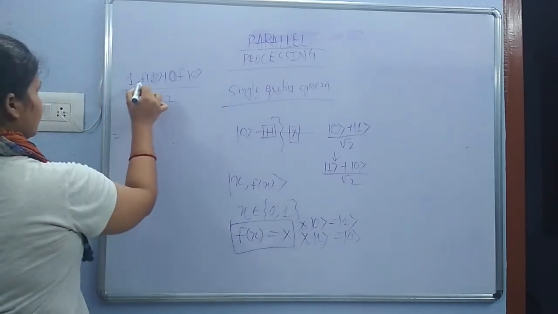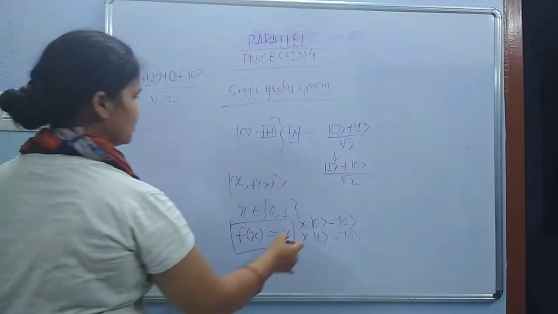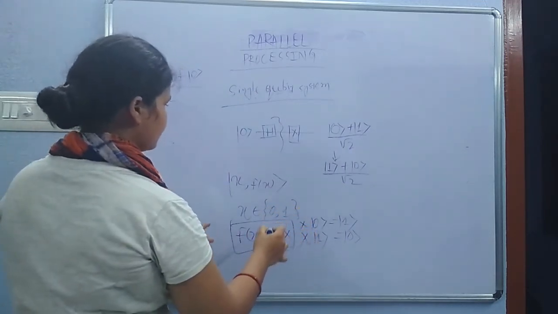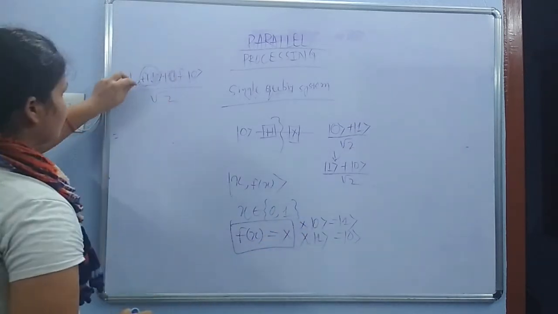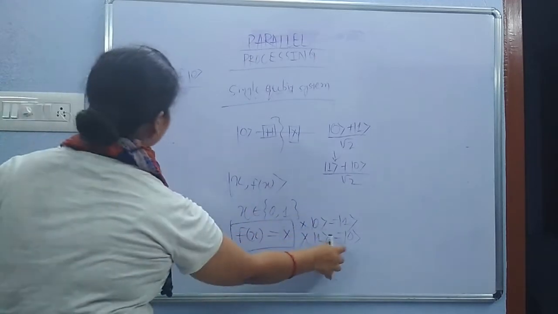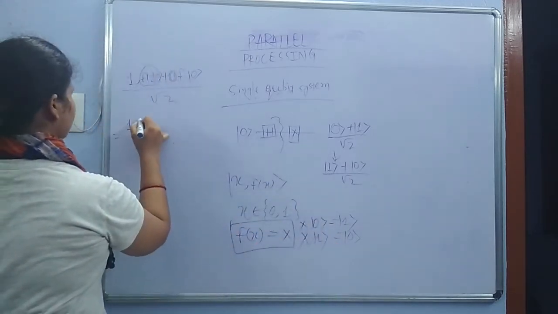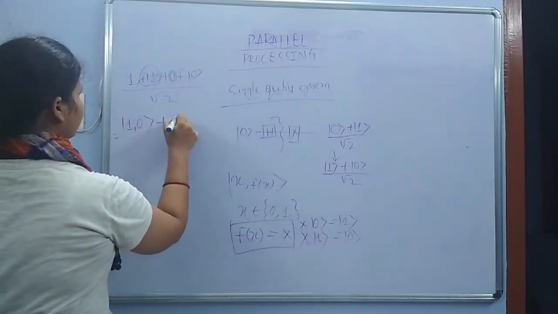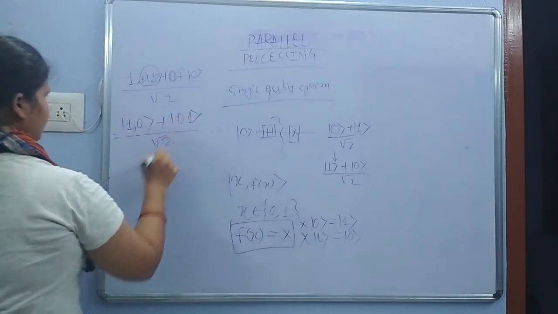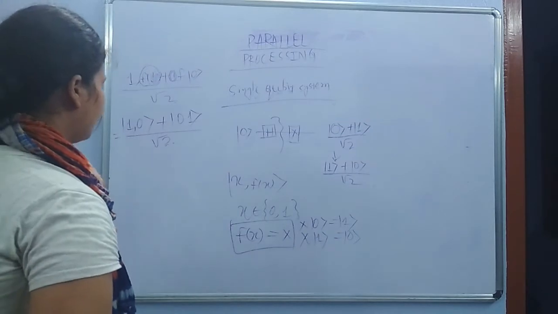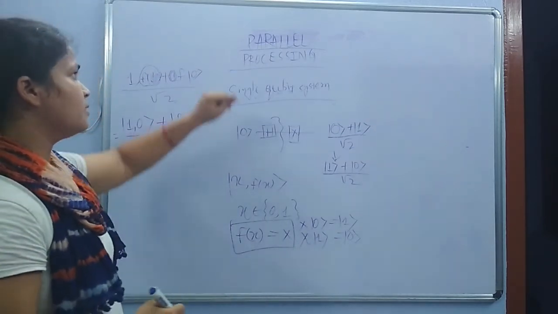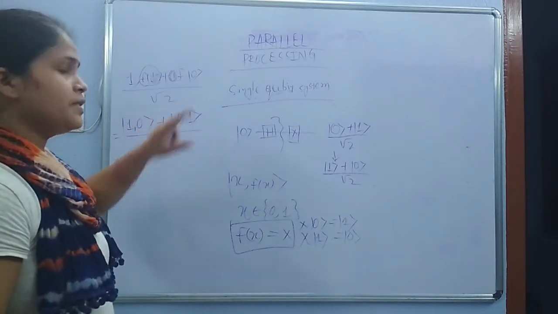This fx equals x. So f1 equals 1 equals 0. So 1 0 plus 0 1 divided by root 2. This is the realization of parallel processing on a single qubit system.